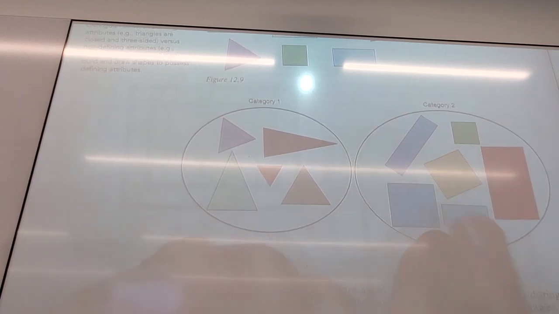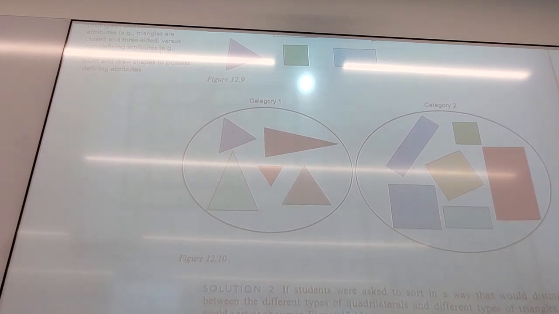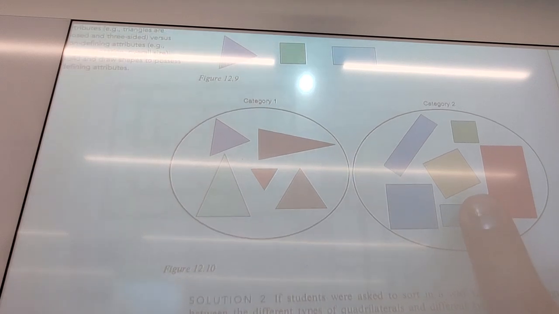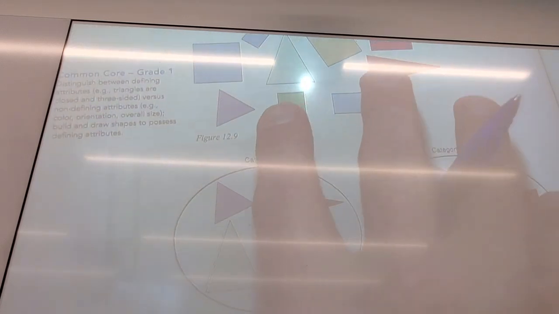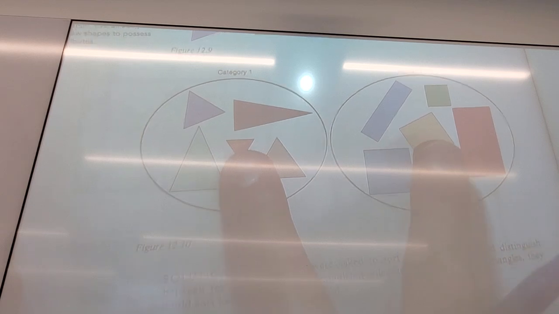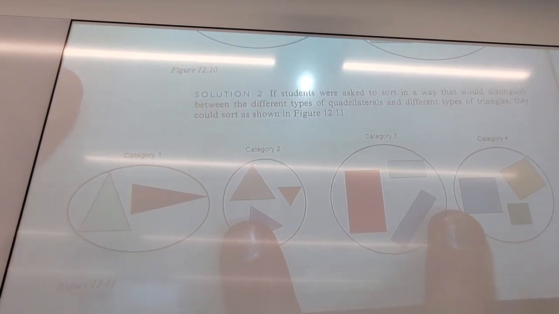Quadrilaterals, you've got squares and so forth. This doesn't even include slanty dudes, parallelograms, rhombi, which is a good idea for when you're first starting out. So you've got a jumble of shapes. You do one surface level categorization, and then you start to subcategorize within.